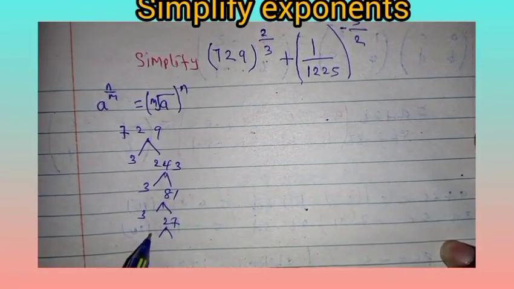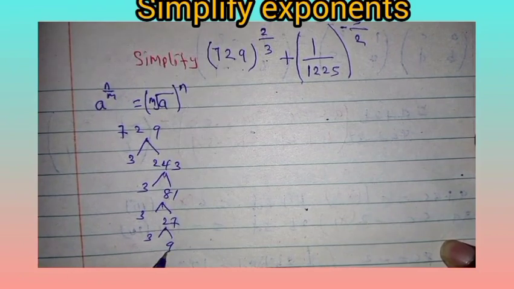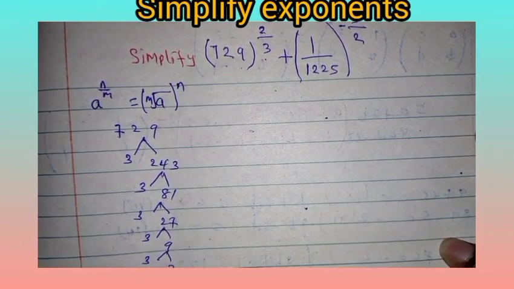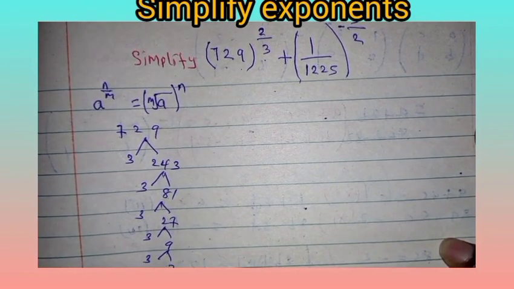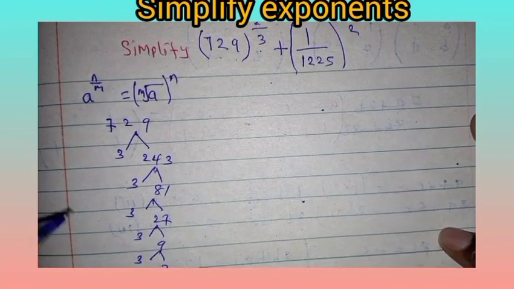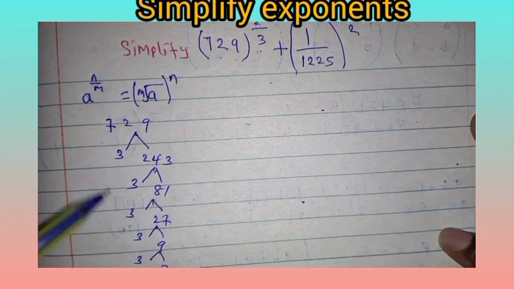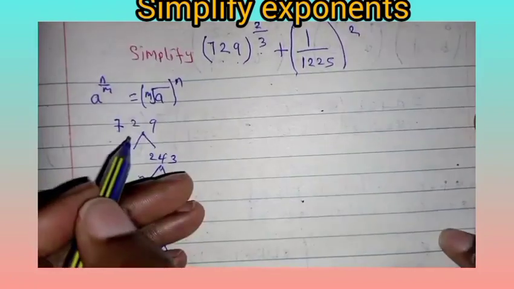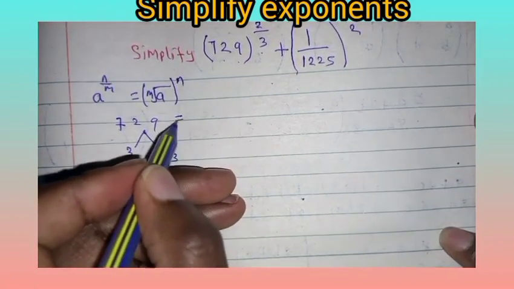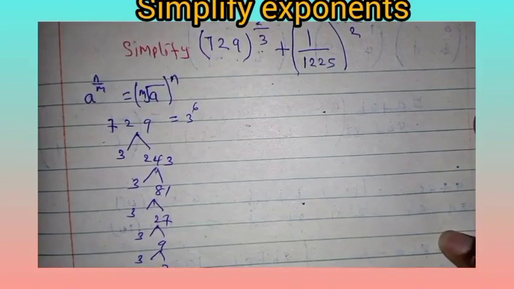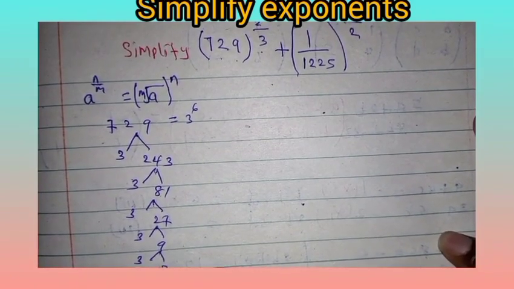And 27 divided by 3 will give you 9. 9 divided by 3 will give you 3. Then finally, 3 divided by 3 will give you 1. So the prime factors of 729 are 1, 2, 3, 4, 5, 6 threes. So instead of 729, you can write it as 3 power 6. 3 power 6 is the same as 729.